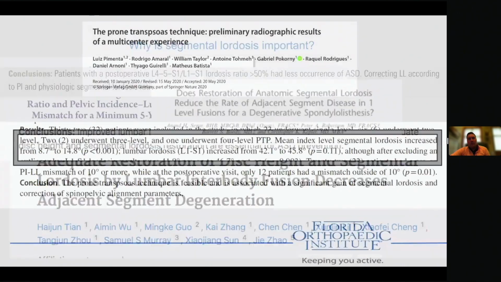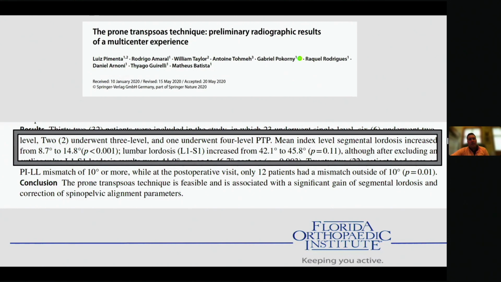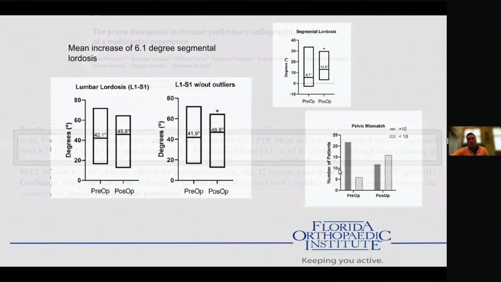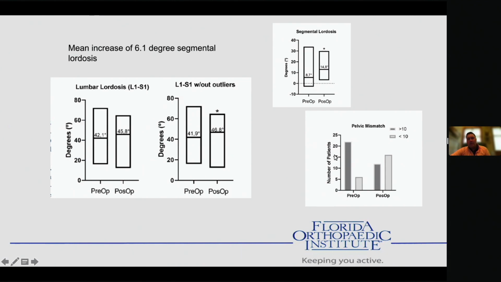This was a paper that came out in 2020 by Dr. Pimenta looking at a multi-center experience on the prone lateral approach. And these patients had a statistically significant increase in their lordosis, as well as, I think more importantly, when you look at the literature, they had a statistically significant decrease in the amount of patients that had lumbopelvic mismatches with PILs greater than 10 degrees, with a mean increase of 6.1 degrees of segmental lordosis correction.